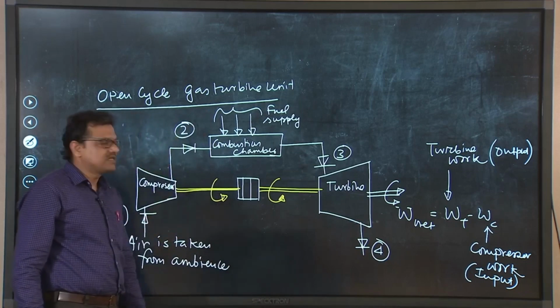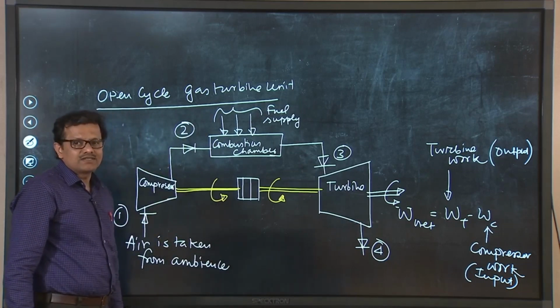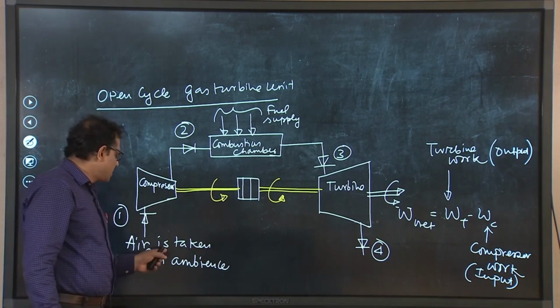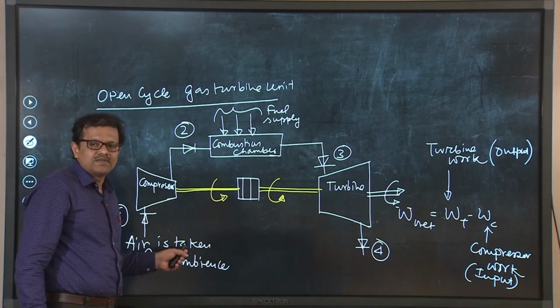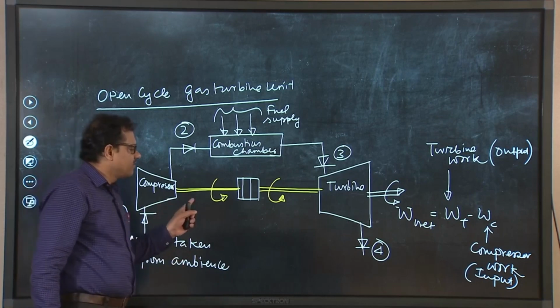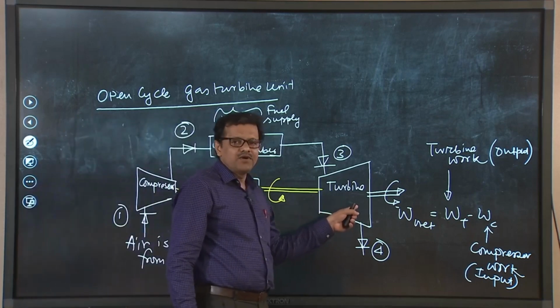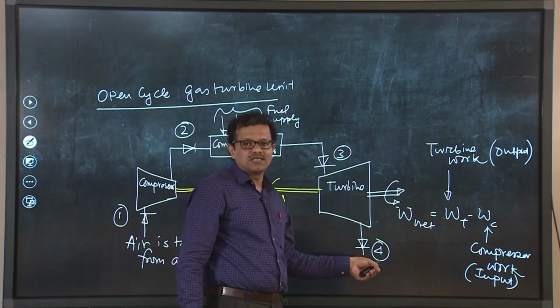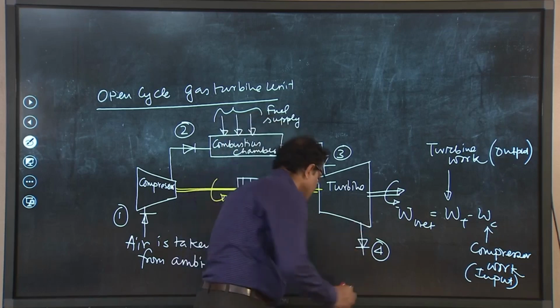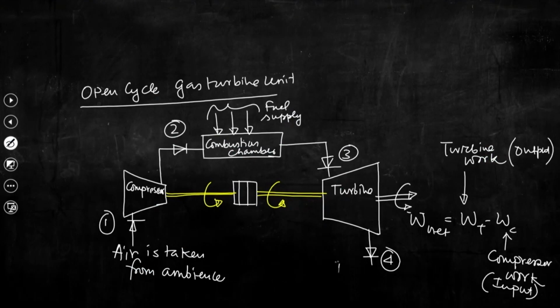So, this is basically the open cycle. Now, why is it an open cycle, you try to understand: we are taking the working fluid from the ambience and finally the working fluid is again discharged into the ambience at the exit of the turbine. So, this is discharge to ambience. Okay.